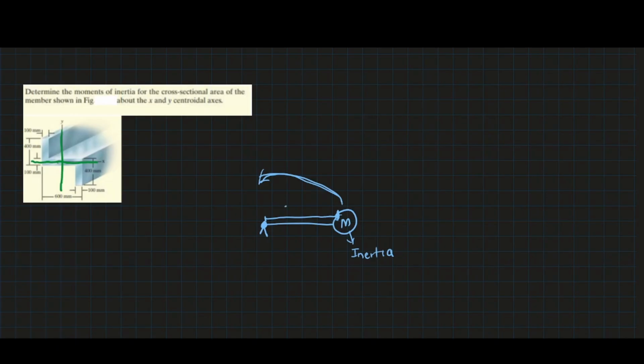That inertia will be represented as the area of the mass times the distance between them squared. But if the mass is at the axis of reference, at the point where you want to spin the mass, then the mass will only contribute its own inertia. There won't be any other inertia because the radius is going to be zero. So this concept is very important to understand.